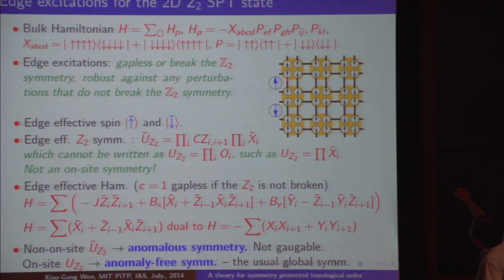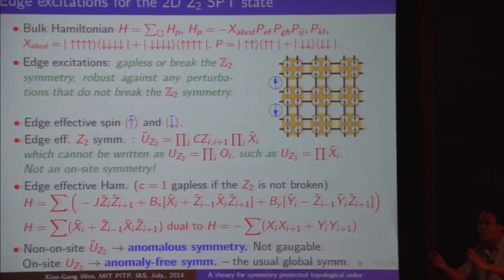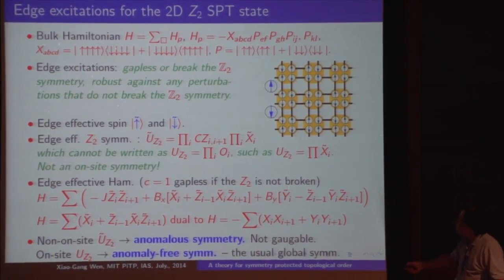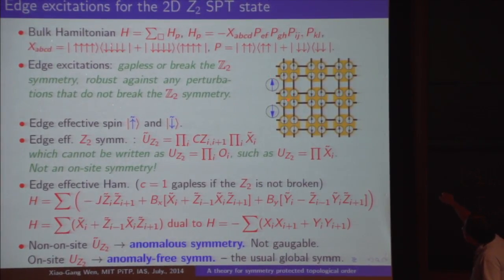However, for these two spins, things are a little tricky because for these two spins, we have this P term to make these two spins always parallel. But this P term does not say whether it should be both up or both down. So these two spins can be up or down. It's not frozen. This up and down are both okay. The Hamiltonian is happy with both cases. Therefore, we have an effective spin on the boundary, which corresponds to these two spins up or down.